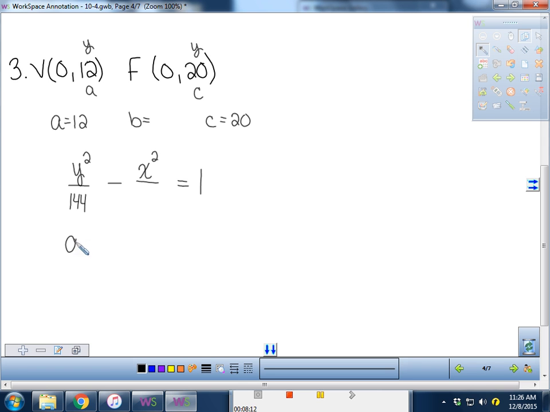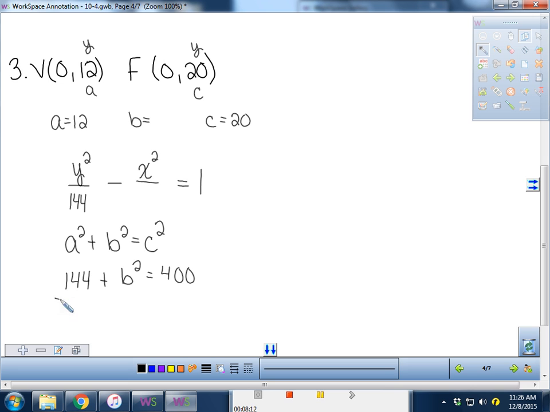So I'm going to use my Pythagorean theorem to identify the b squared so that I can put that underneath the x. So a squared, I know that's 144. And I know that c squared, 20 squared, is 400.